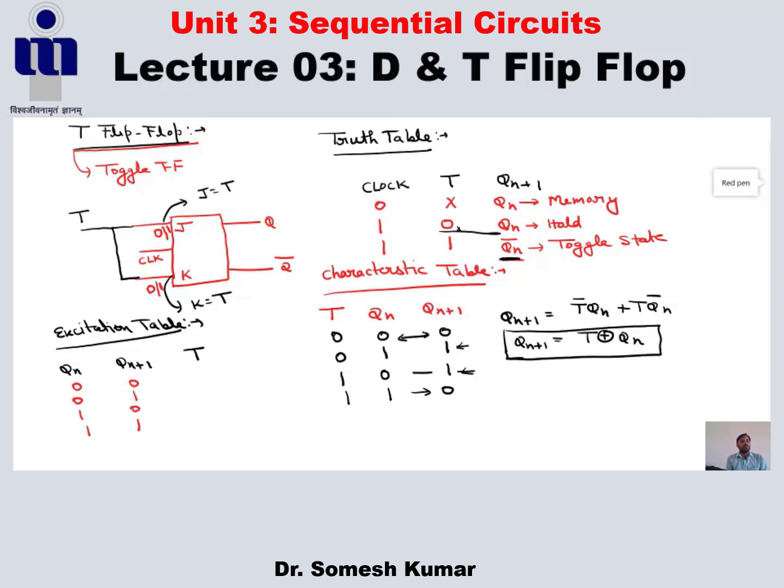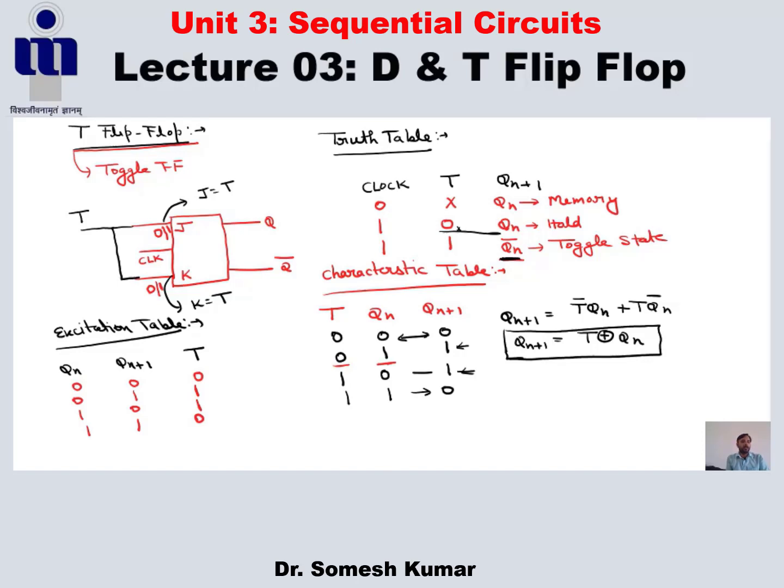See what happens here, Qn plus 1 is equal to T XOR Qn. So if both are 0, 0, what is the value of T here? T should be 0, and for 1, 1 it should also be 0. Qn plus 1 equals 1 only when T and Qn are opposite of each other.